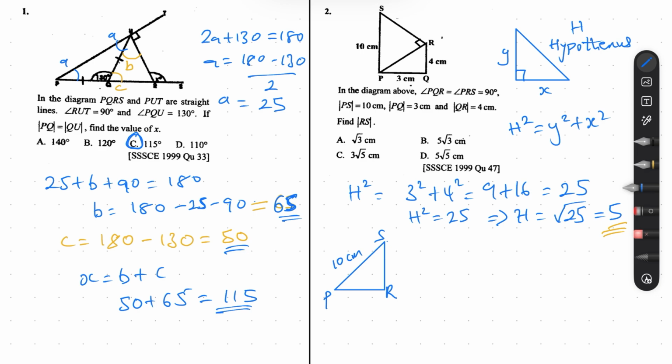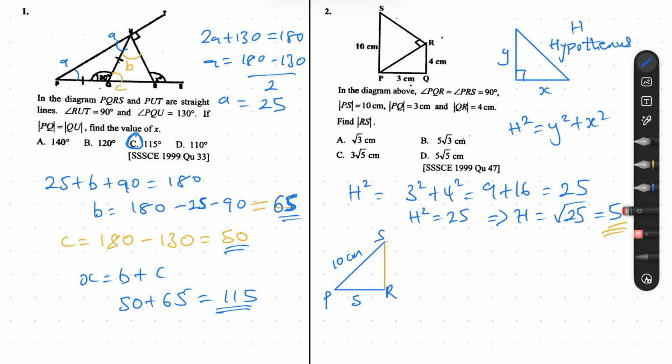The base here represents the side we found, PR. PR is the h we found, which is 5. So we put down 5. Now we want to find this side, SR.